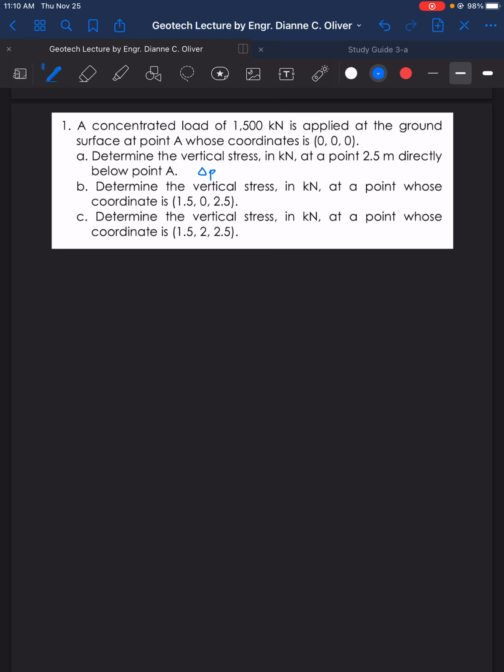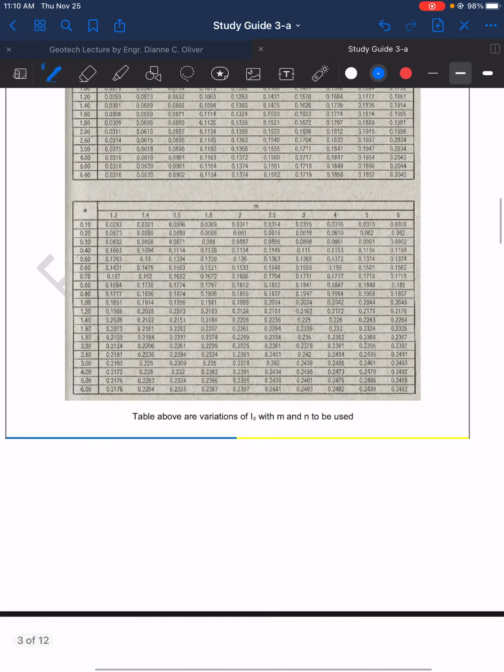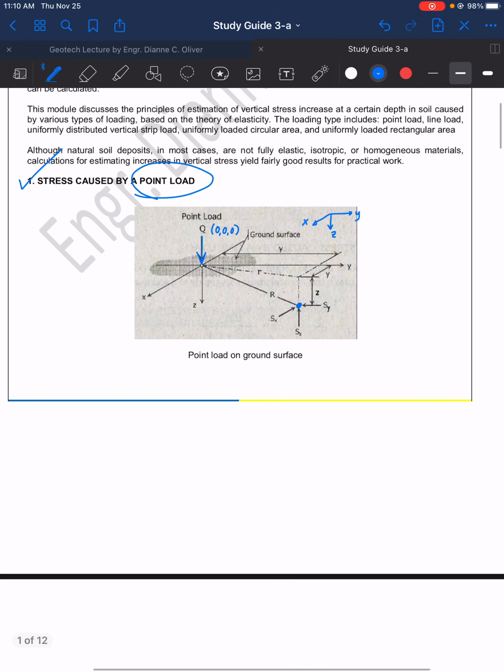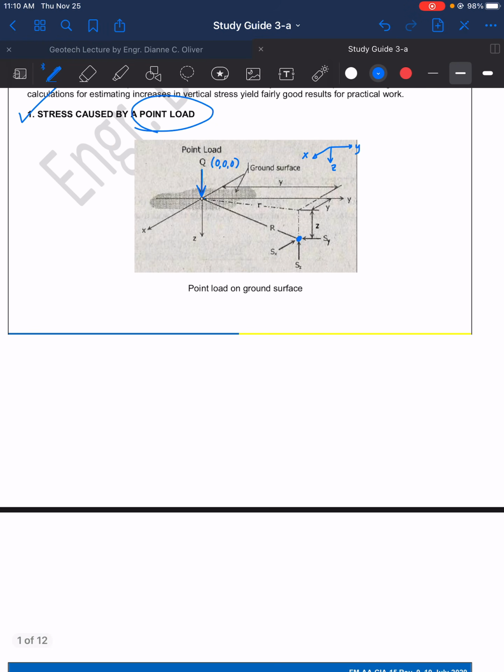So, the type of loading here is concentrated load. From the 4 formulas that we have considered a while ago, we will use formula number 1. That is the formula for concentrated load. So, let's go back. Here it is, stress caused by a point load.